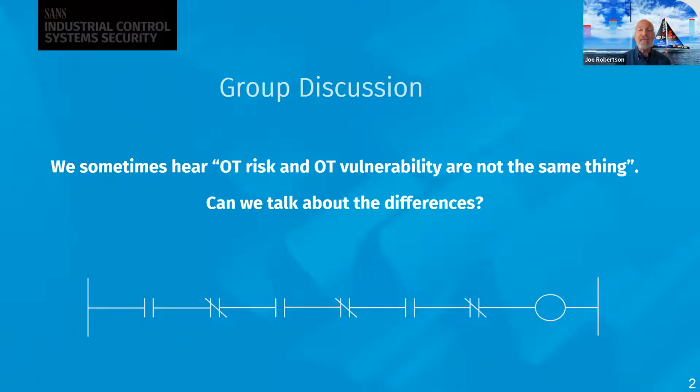The vulnerability may be corrected by the vendor of the control system or something like that, but that's not the same thing as the risk, because the risk is all about how that vulnerability is actually going to be used by a bad actor. And if you put enough defenses around that vulnerable asset, the risk is very low.